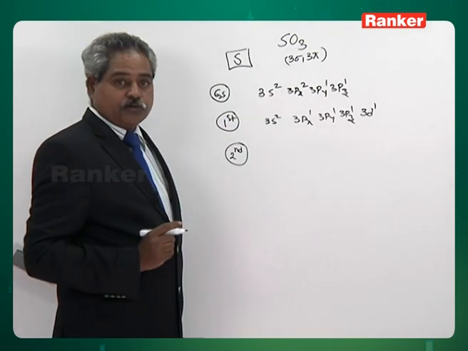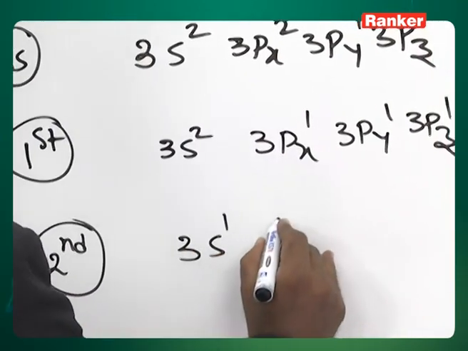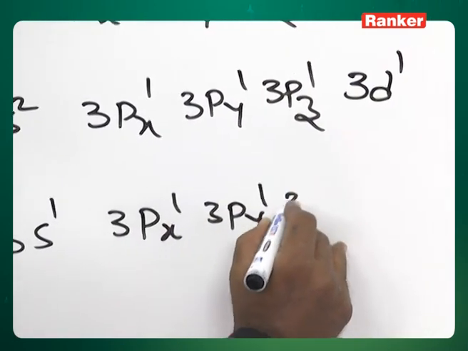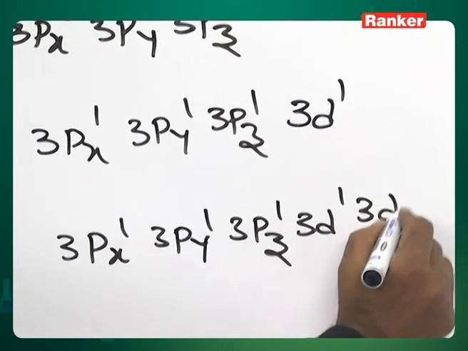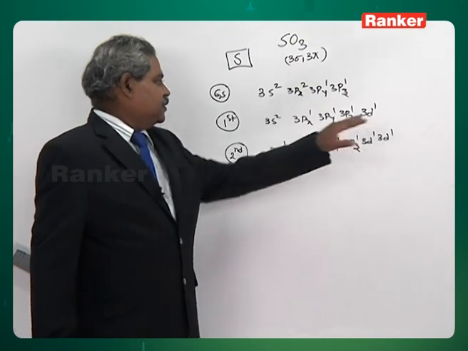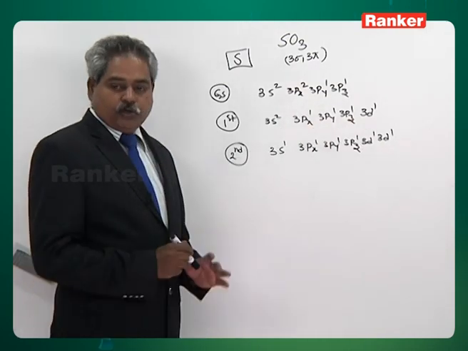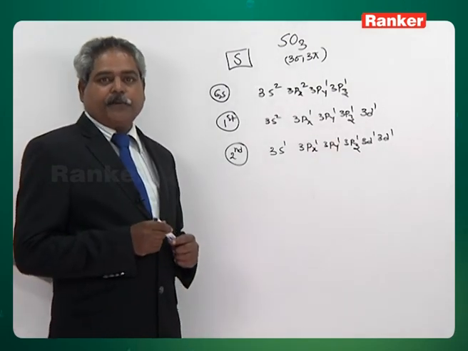Break this pair also: 3s1, 3px1, 3py1, 3pz1, 3d1 and 3d1 again. What happened? This 3s is once again broken. So, you now have 6 unpaired electrons.